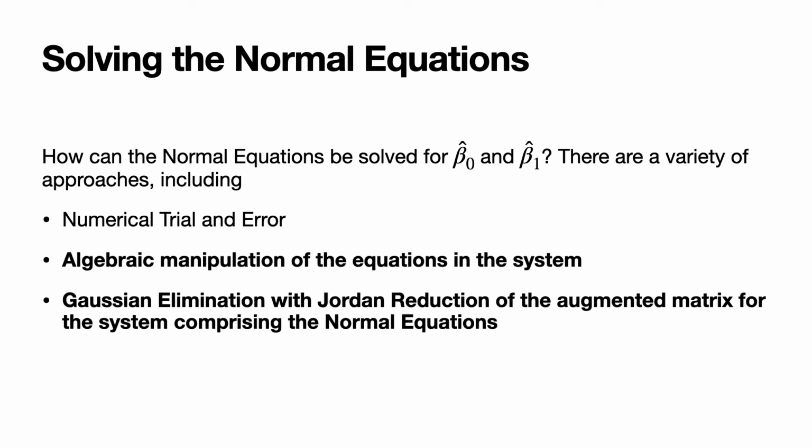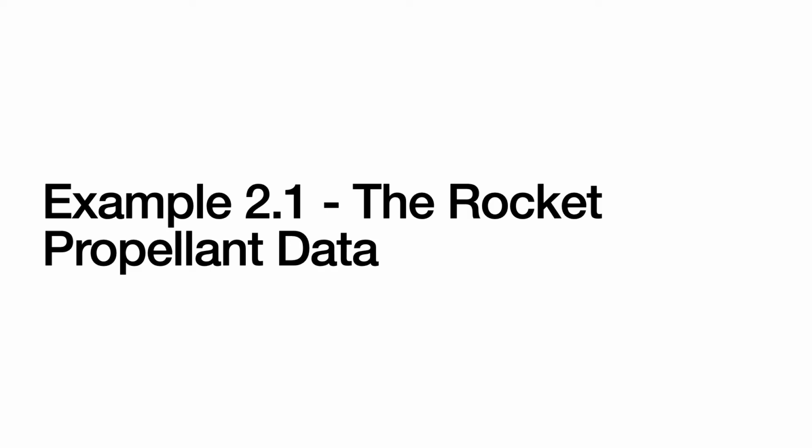Now, in this lecture video, we're going to be focusing on the last two approaches, algebraic manipulation of the equations in the system and Gaussian elimination with Jordan reduction of the augmented matrix for the system comprising the normal equations. We're going to apply this to example 2.1, the rocket propellant data.